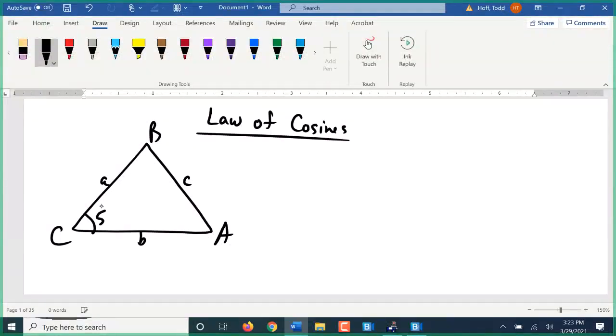I give you 57 degrees for angle C. Side A, I'm going to give you 42 feet. Side B, I'm going to give you 48 feet. Law of cosines tells us that the length of side C squared equals side A squared.